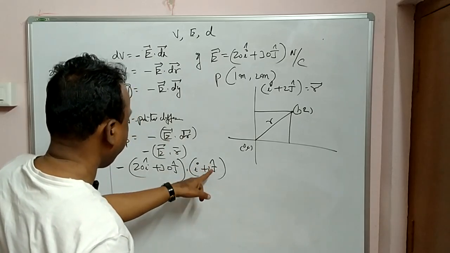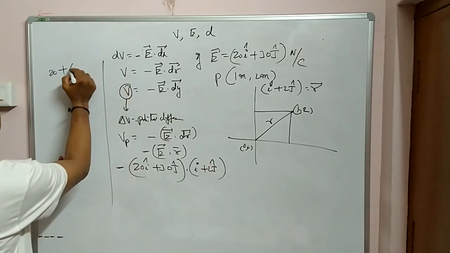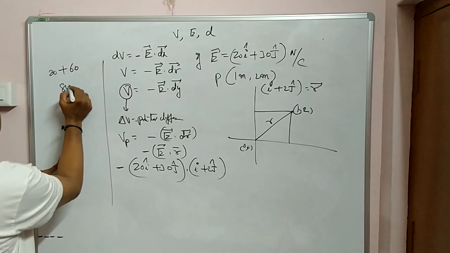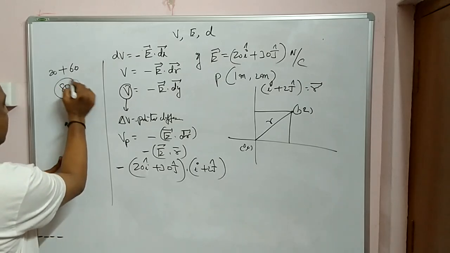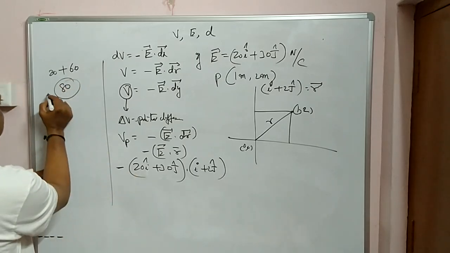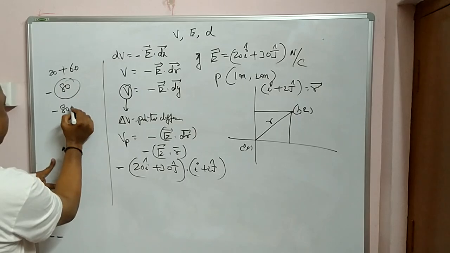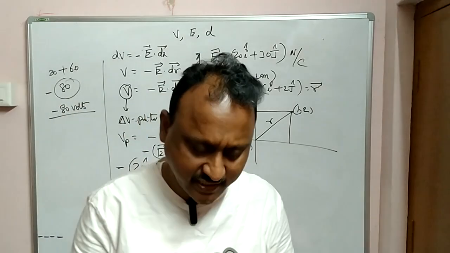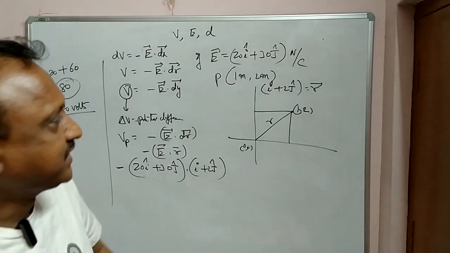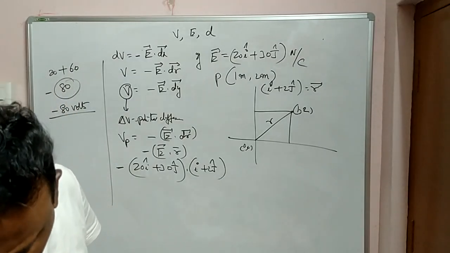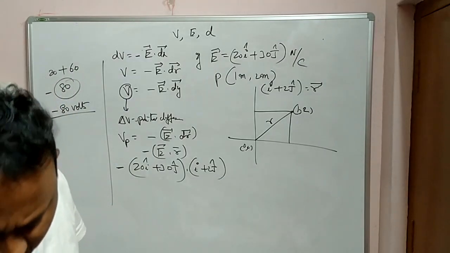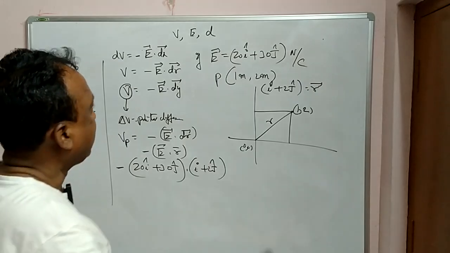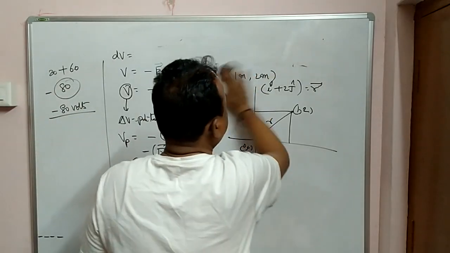And j dot j, 1 into 2, 2 into 30, 60. So 60 plus 20, how much? 80 volts. And the minus is outside. So minus 80 volts. This is how we calculate using the vector method. Clear? Write down. Like this you can calculate the potential from the relation between V, E and D.